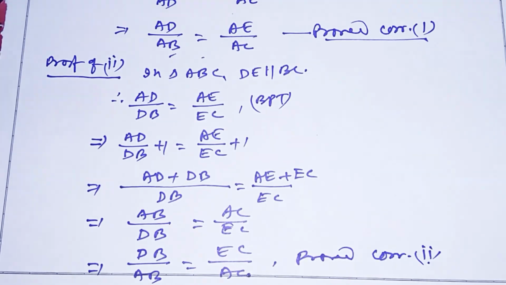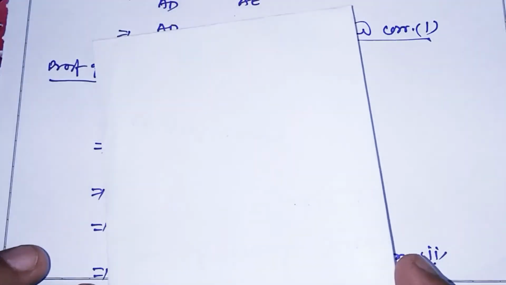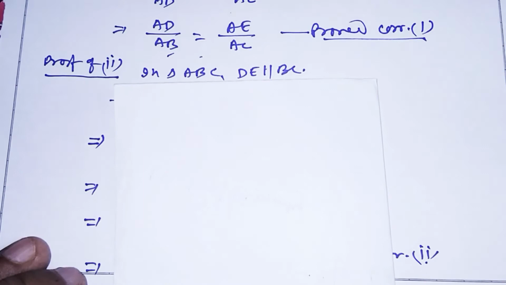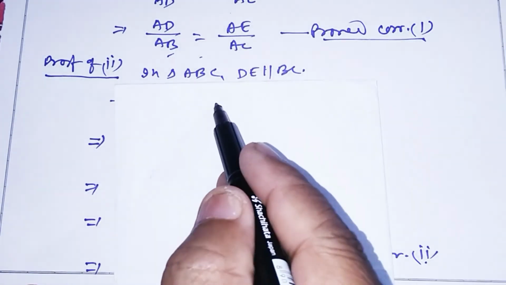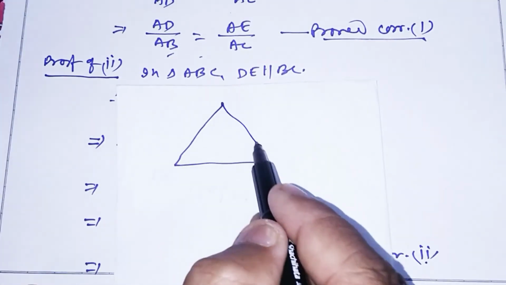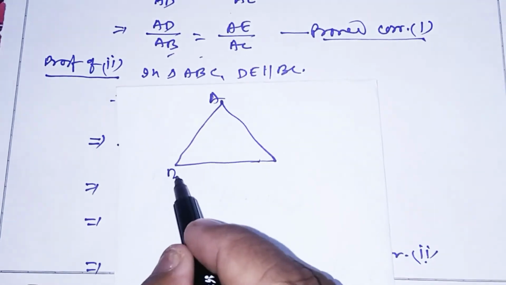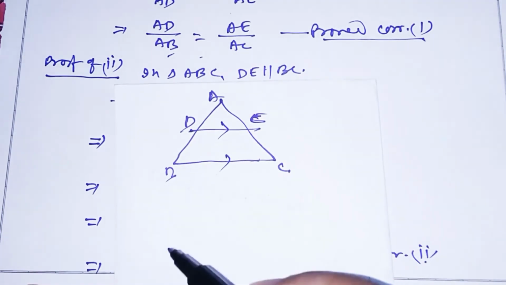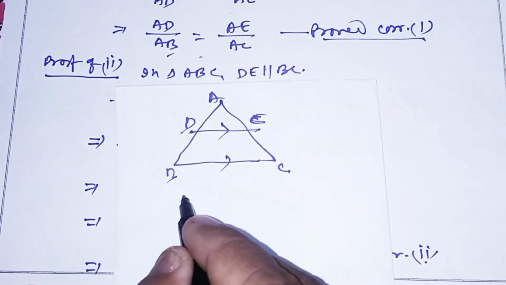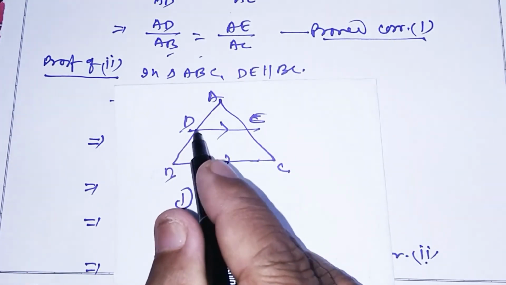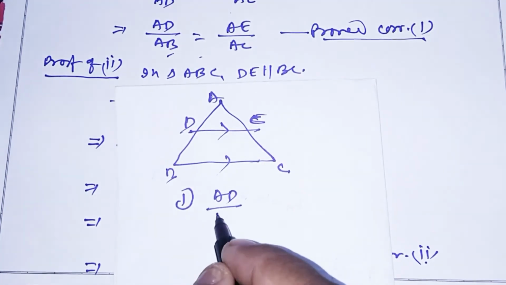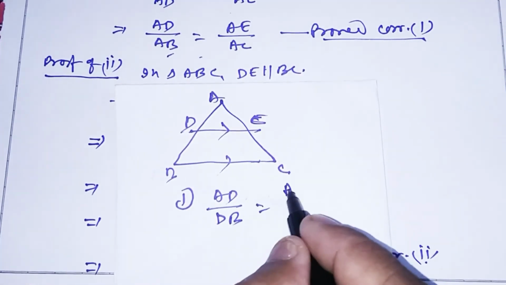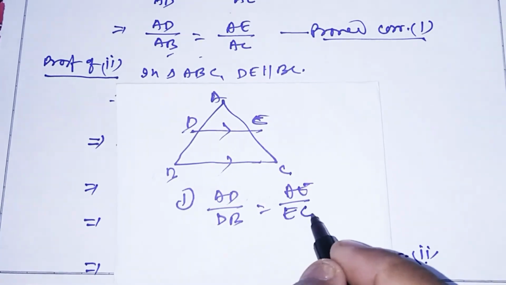I hope you understood how to get the proof of these two corollaries. I have to say one thing here, about how we use this BPT. Whenever you get a triangle ABC in which a line DE is parallel to BC, then we can take three results at a time. AD by DB equal to AE by EC.